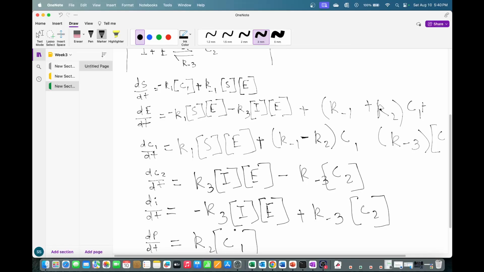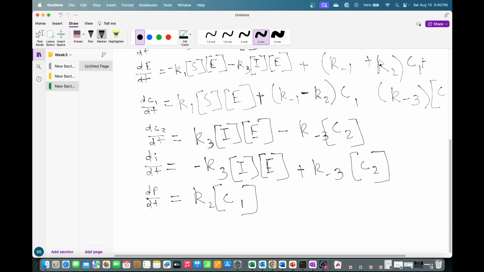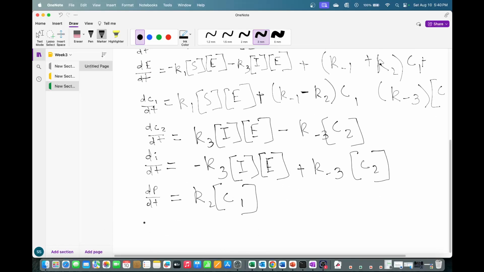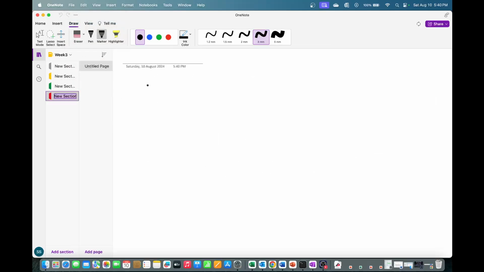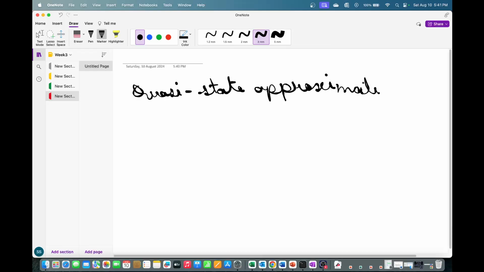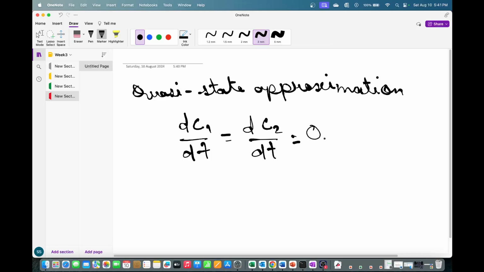Now what you do is you do some sort of approximation, because you cannot solve all these ODEs together. So I'll just take a new section here. What you will do is known as quasi-state approximation, where dC1 dt equal to dC2 dt equal to 0.